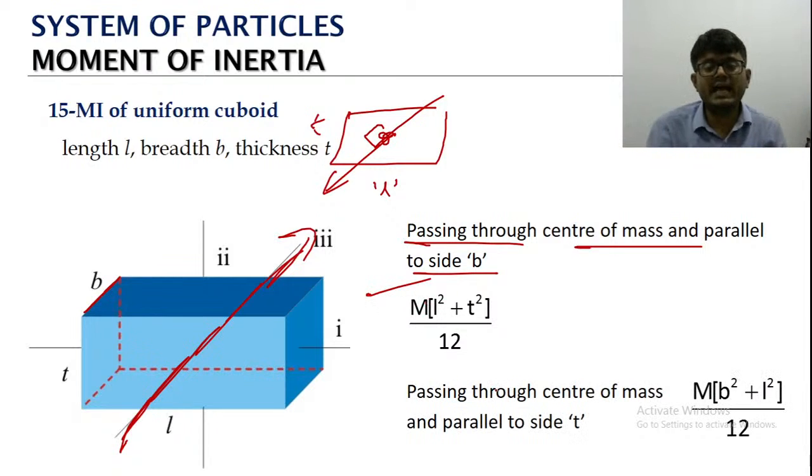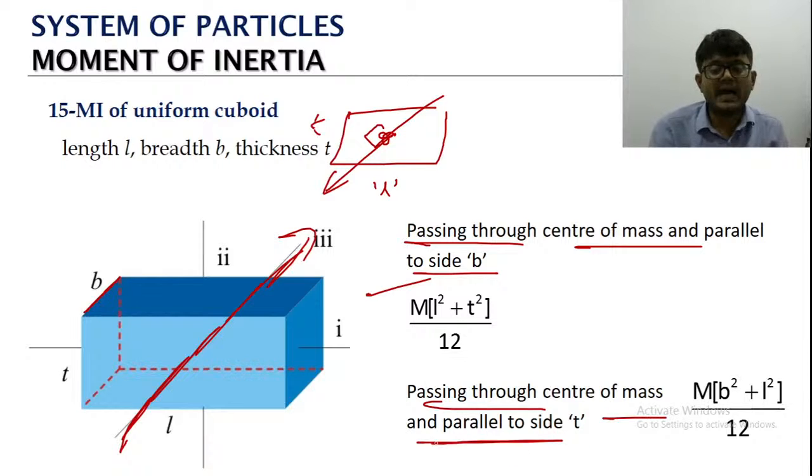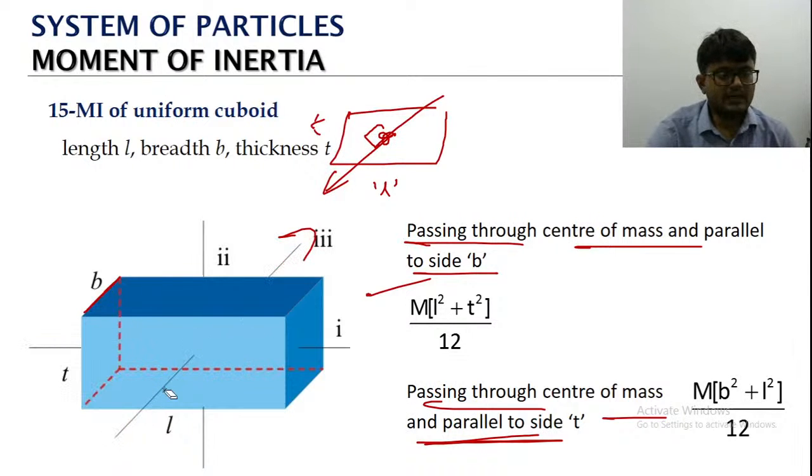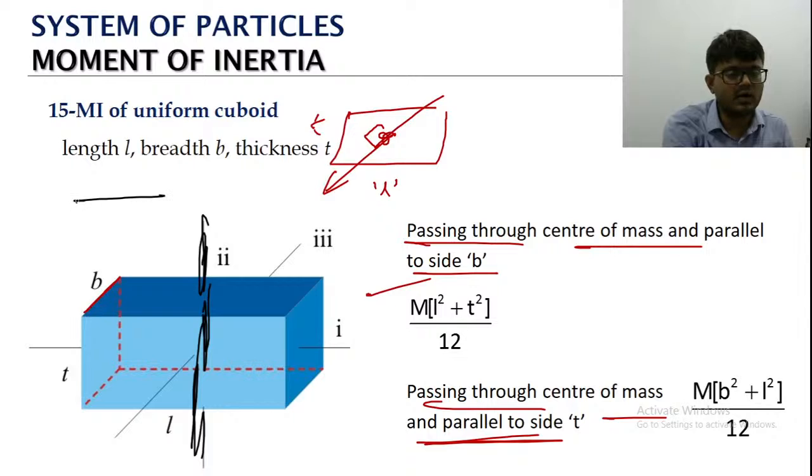Just like that, take an axis passing through the center and parallel to side T. That is our axis 2. Think of it: if you just compress it, it simply becomes one sheet with length and breadth.